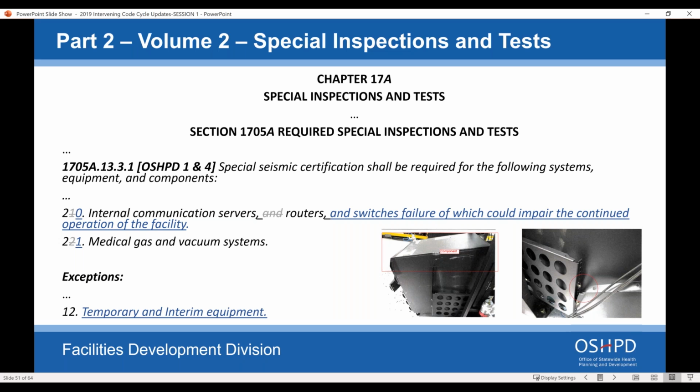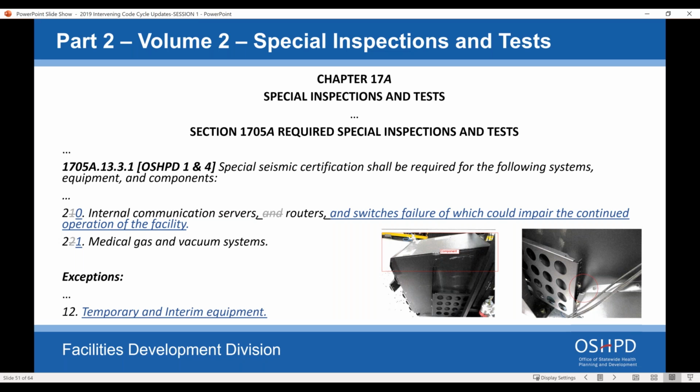So if any of those go down, you may not be able to perform the function that you're expected to perform. And so we need to be fully functional in the event of an earthquake. So we said that all those servers, routers, and switches that are required for the continued operation of the facility need to be shake table tested.